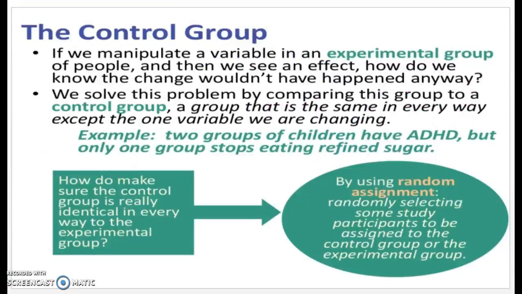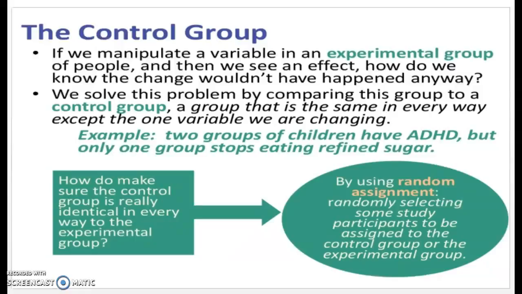Now, when we look at all of this, when we look at the variables, when we look at operationalizing these definitions, ultimately once we have our foundation set for our experiment, we now need to start putting people into our two groups, our control group and our experimental group. The experimental group is the group that we are going to purposefully manipulate one variable, our independent variable.